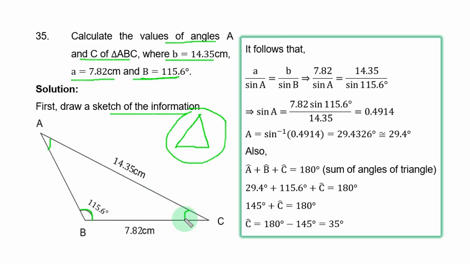From my explanation, you can only get angle A using sine rule, because the side facing it is given and you have this complete side. So A over sine A is equal to B over sine B. If you replace the known sides and angle, you have it in this form.